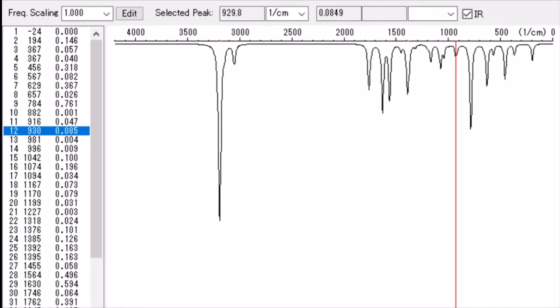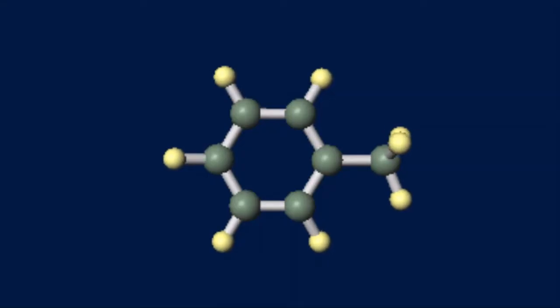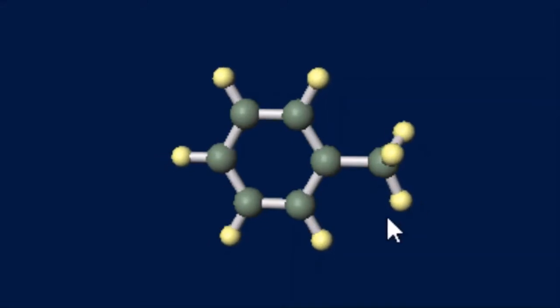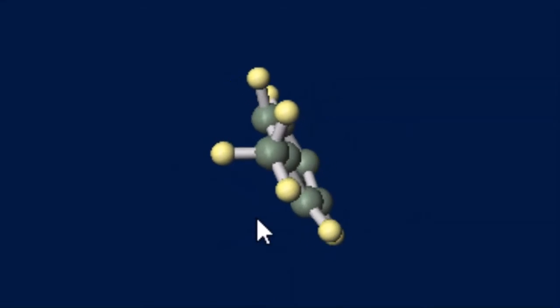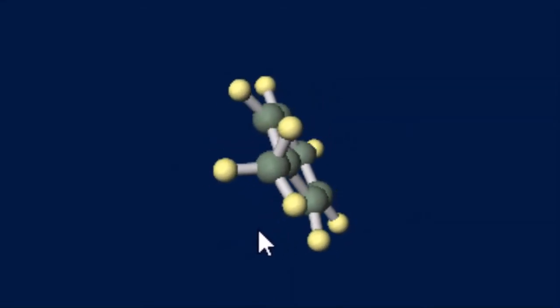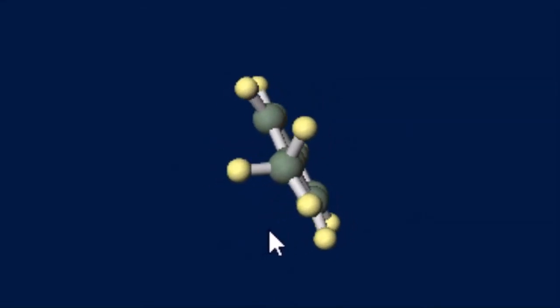Okay, shall we look at this spectrum, how it looks? Right, you can see this vibration corresponding to that peak. I will show it from a different angle. Can you say what kind of vibration this is? This is out of plane bending. You can see the atoms move out of the plane.